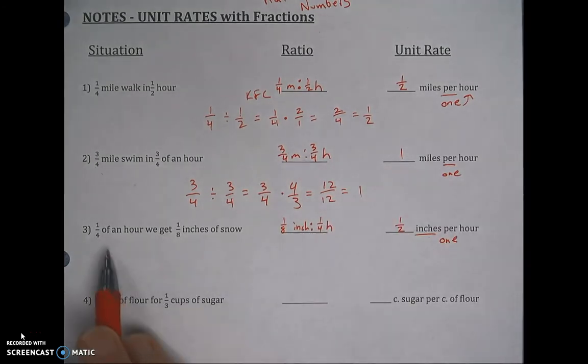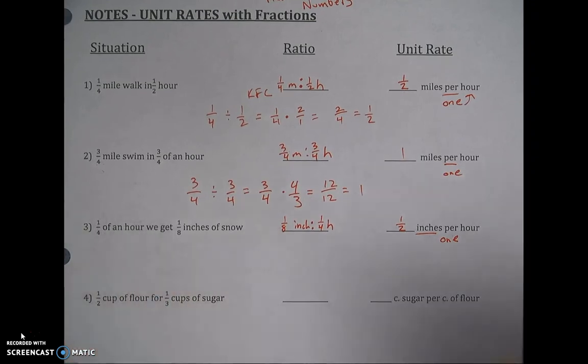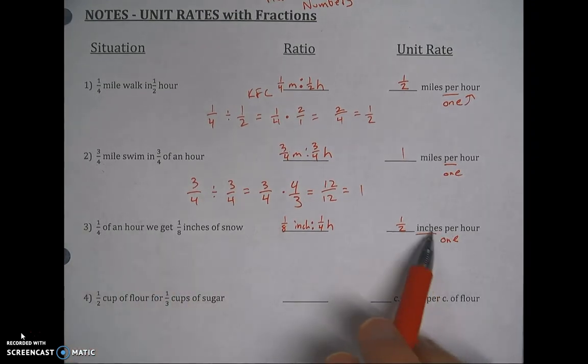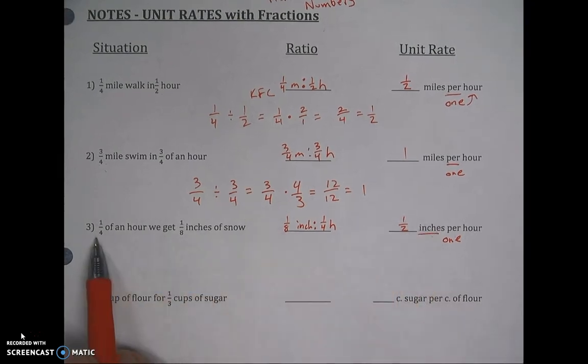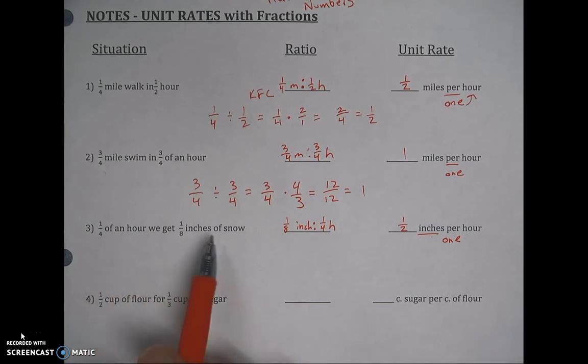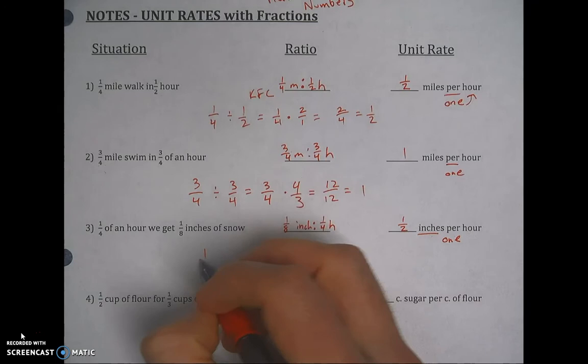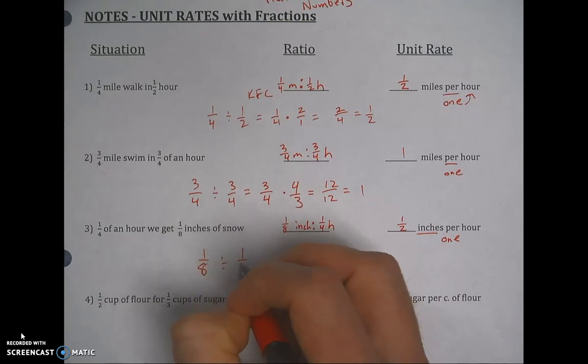Now if you notice, this was given to me as 1/4 first. So if you did 1/4 divided by 1/8, you'd get the answer incorrect for what we're looking for. That would have given you how many hours per inch. How many hours for 1 inch? We don't want that. We want how many inches for 1 hour. So we're going to do 1/8 divided by 1/4.